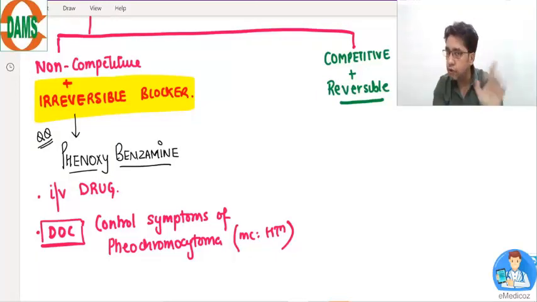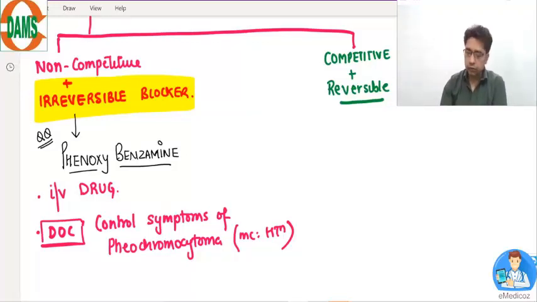The answer is no. That is why phenoxybenzamine is the drug of choice for pheochromocytoma, because a high level of catecholamines cannot displace phenoxybenzamine. Irreversible, you cannot remove it from receptors.